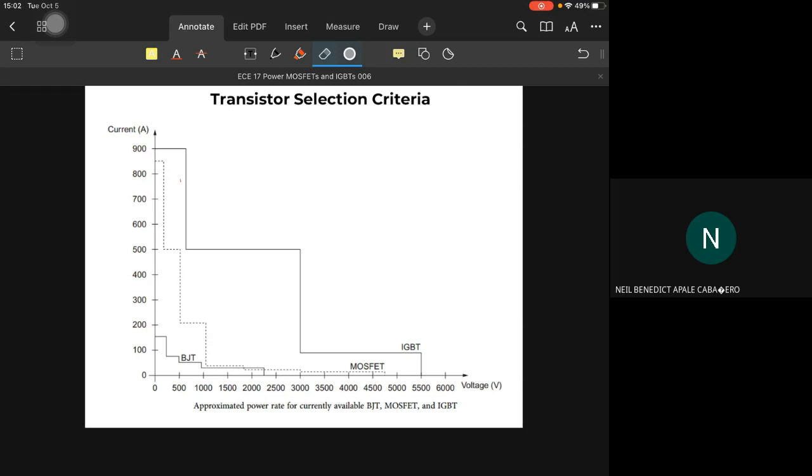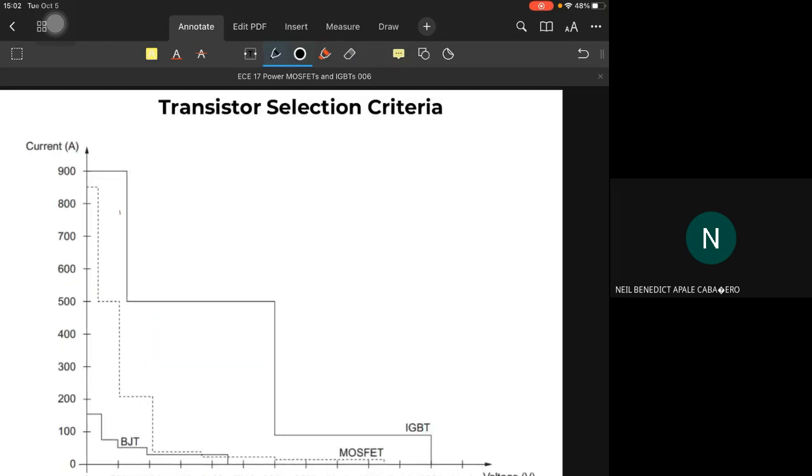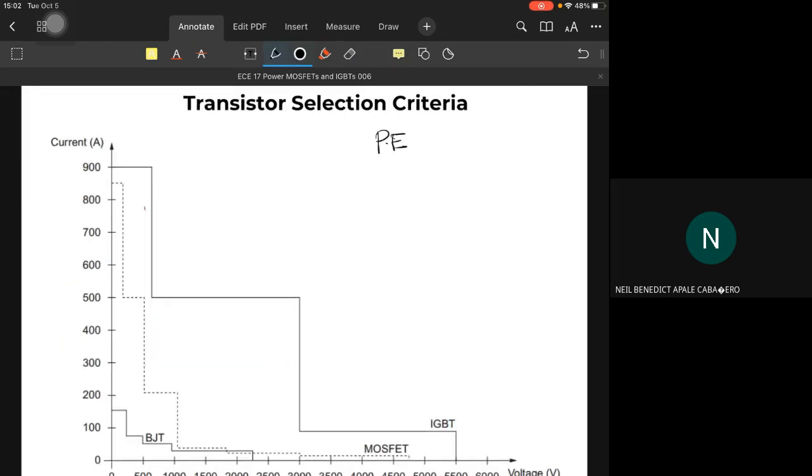As a reminder again, efficiency is our main objective. The main objective of power electronics is efficiency.